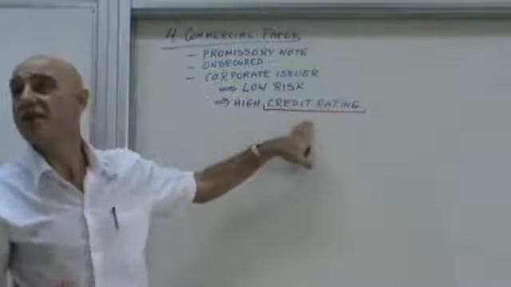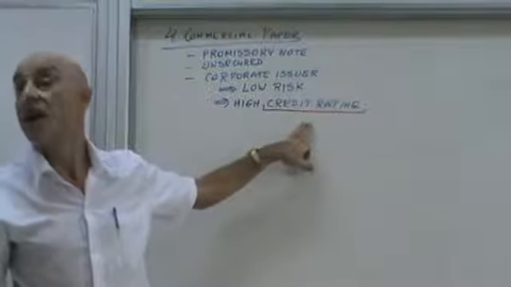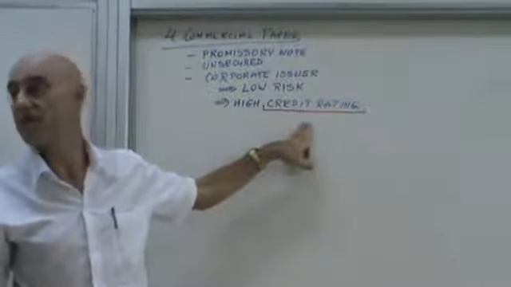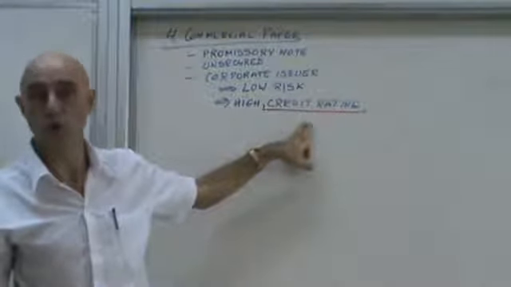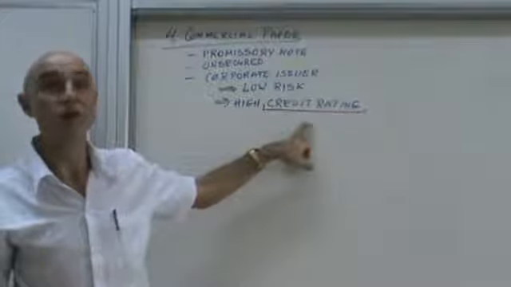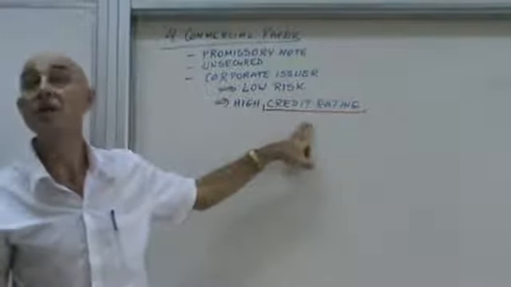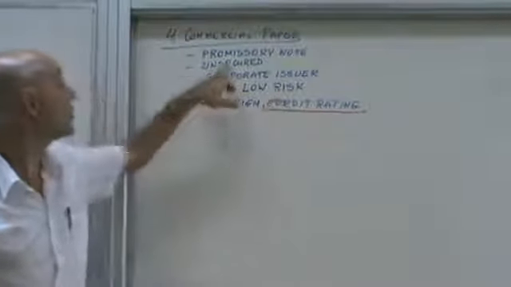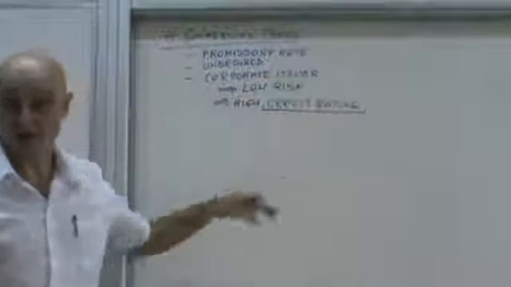Credit rating is an evaluation of the risk of default for a particular borrower. So it tells you what is the likelihood of default by a particular, we call it issuer or borrower. That's the credit rating.